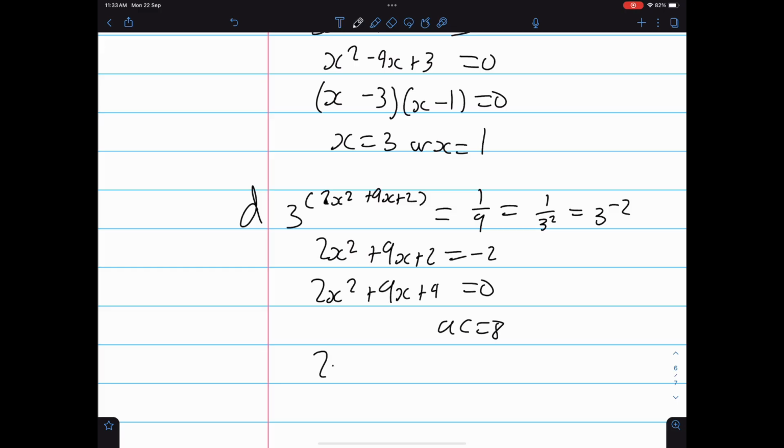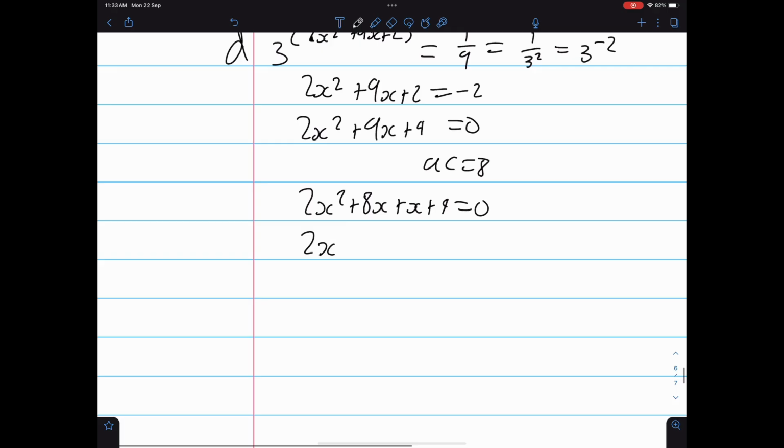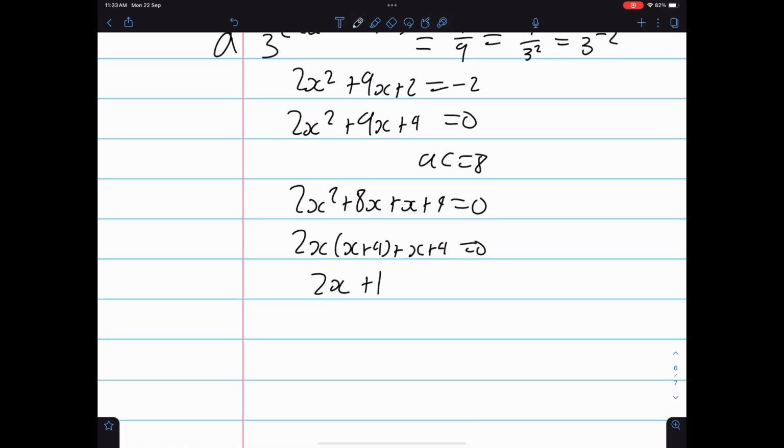AC equals 8. 2x squared plus 8x plus x plus 4 equals 0. 2x, x plus 4, plus x plus 4 equals 0. That means 2x plus 1 multiplied by x plus 4 equals 0. 2x equals negative 1, x equals minus 1/2, x equals minus 4.